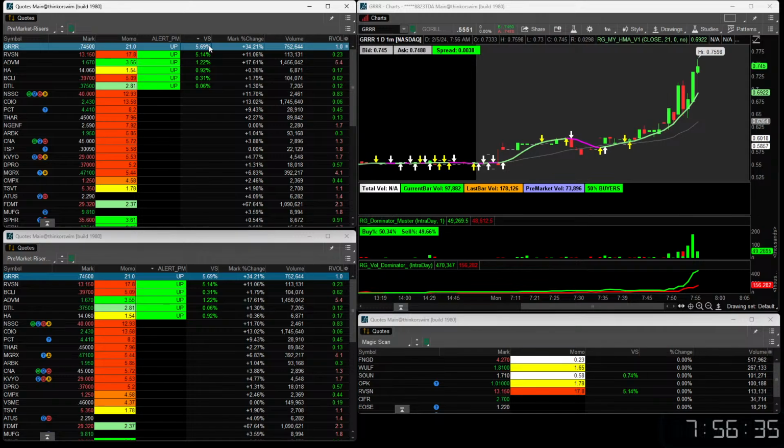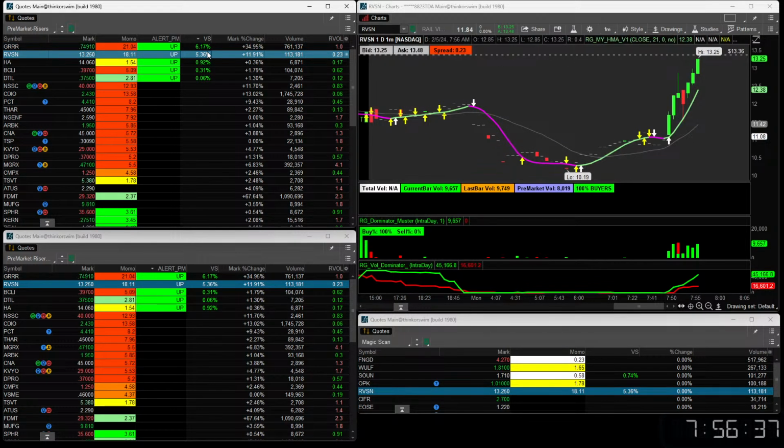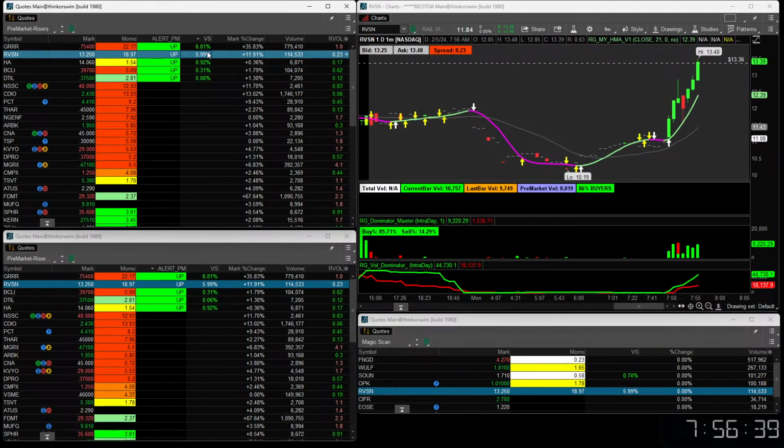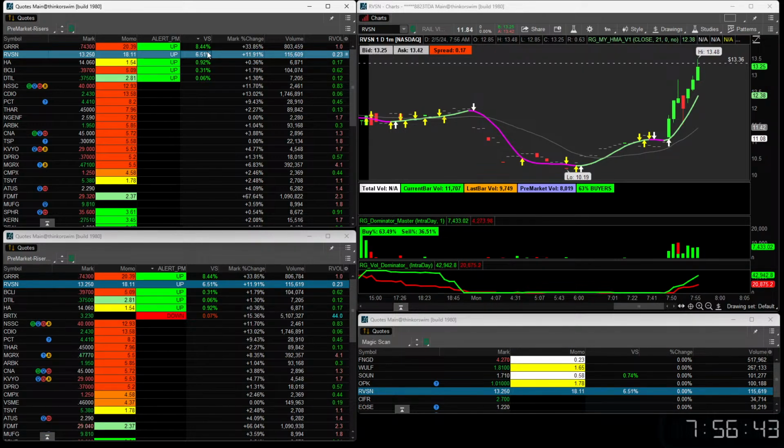GRRR. RVSN breaking through a previous resistance level, or trying to.